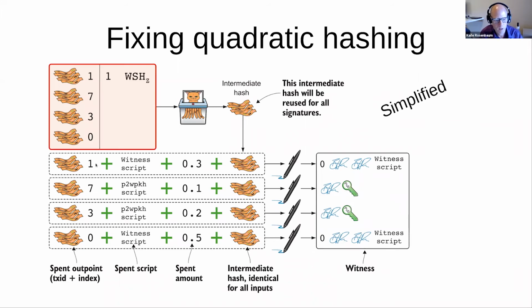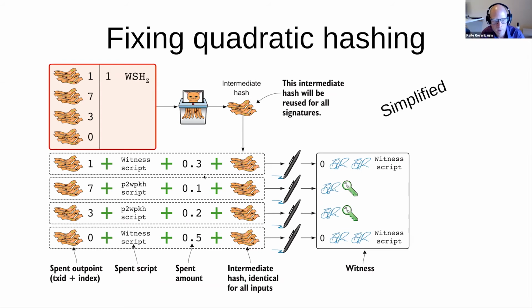An out point is a name for a transaction ID plus an index. We call that collectively an out point. So you have the out point, and you add the witness script for this specific input, and you add the value of the spent output, and you add this intermediate hash here.